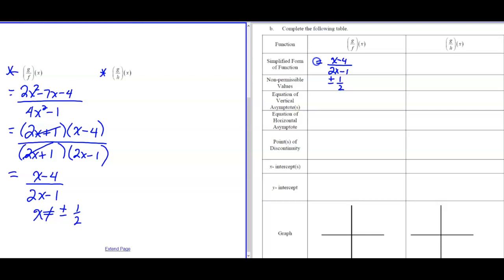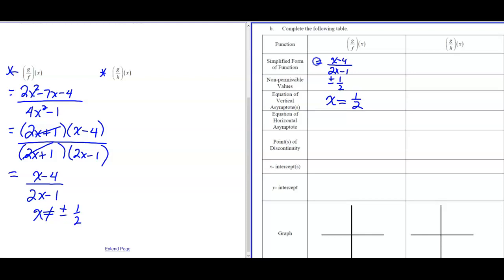Equation of vertical asymptotes. So, if these divide out, remember that is because there's a point of discontinuity, not because of an asymptote. This will give you the asymptote. So it's x equals positive 1/2. Okay. Horizontal asymptote. Remember, go back, take a look. They're both the same degree, numerator and denominator.